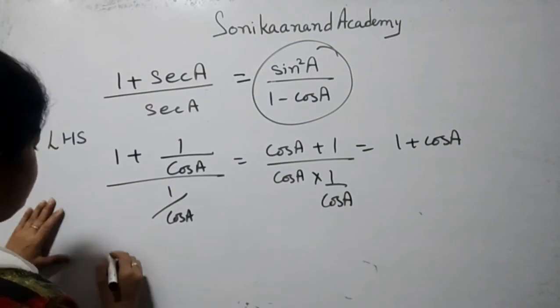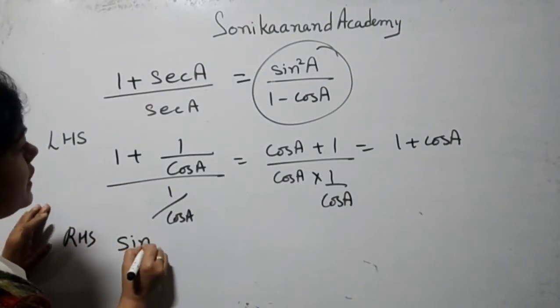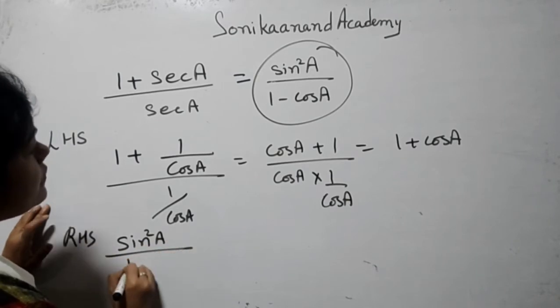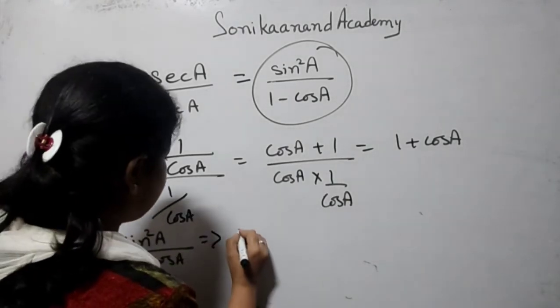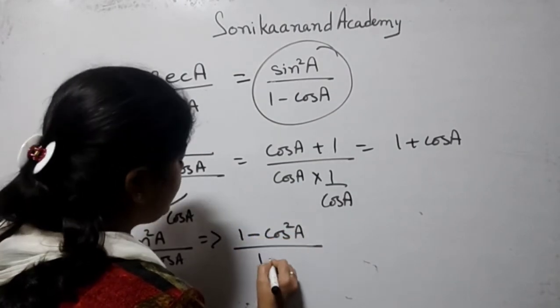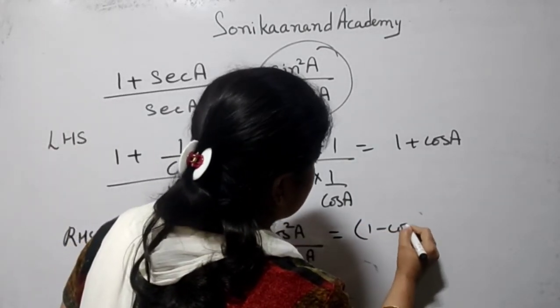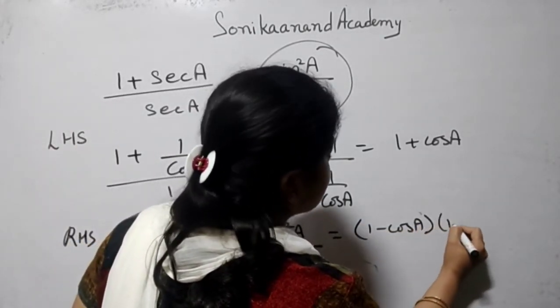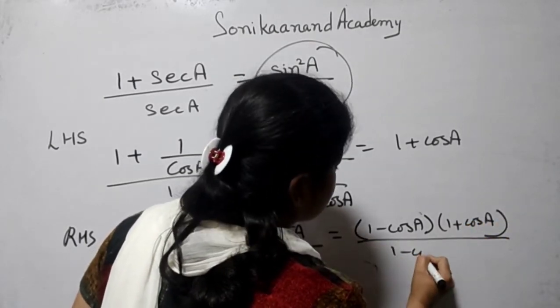Now the right hand side. We have sine square a over 1 minus cos a. So sine square a can be written as 1 minus cos square a over 1 minus cos a. It can be written as 1 minus cos a into 1 plus cos a over 1 minus cos a.